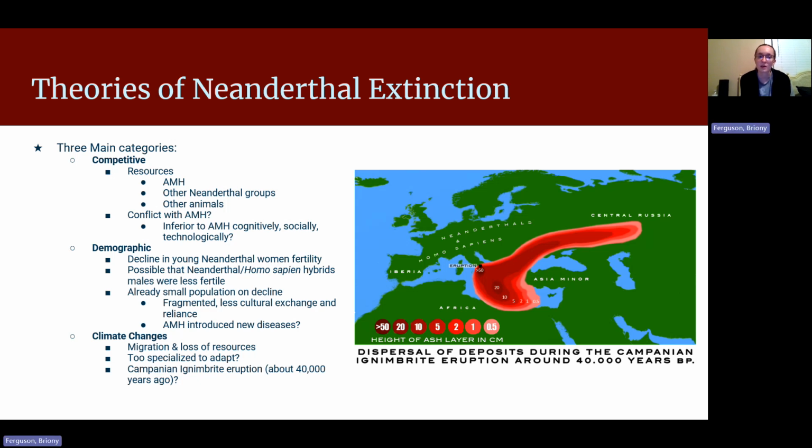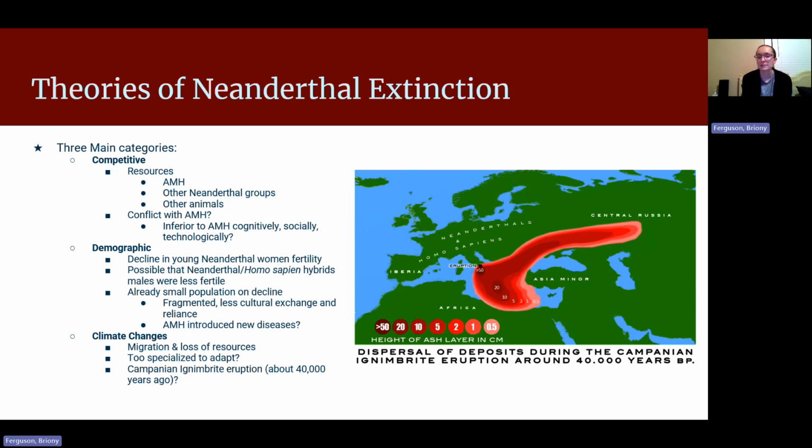The third and final category is climate changes. Obviously, the climate was starting to warm up from that ice age around there. As a result of that, a lot of megafauna and other animals were likely migrating away from areas that Neanderthals typically hunted in, as well as plants and other resources like fresh watering holes disappearing.